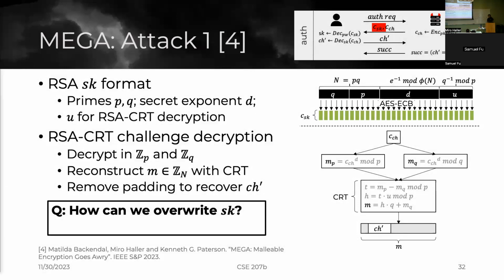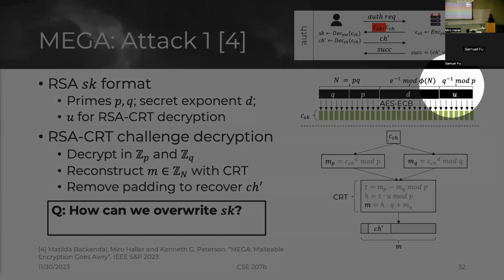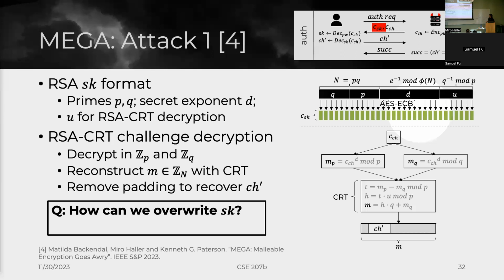I guess you can swap blocks around, but I don't know how that will be helpful. So if you swap blocks around, you swap the corresponding plaintext bits around between P and Q and D and U, which is a good approach.